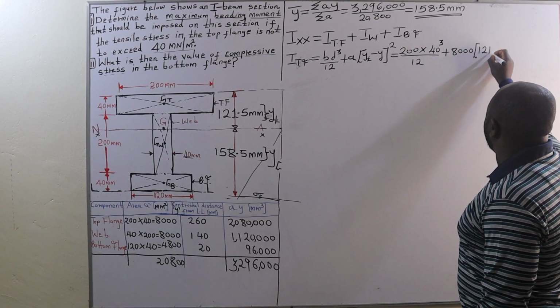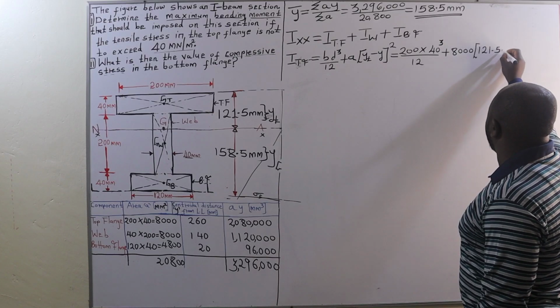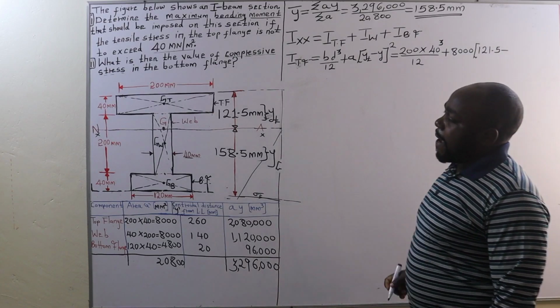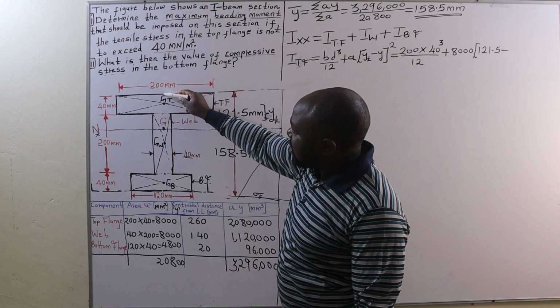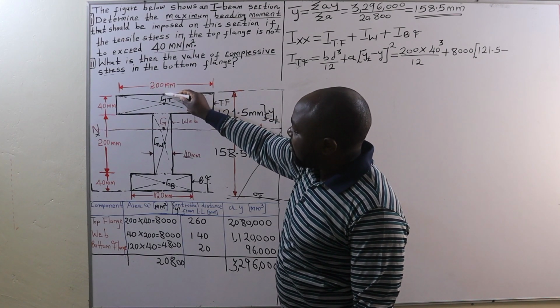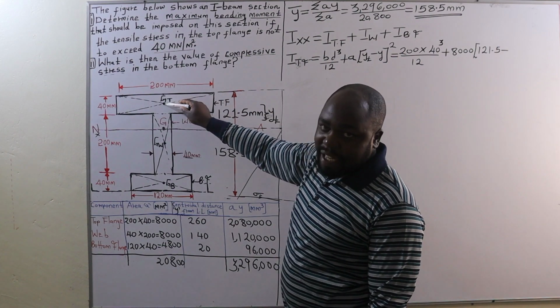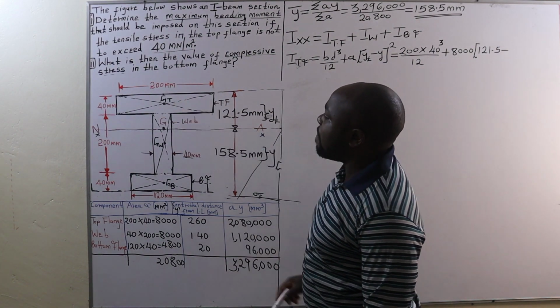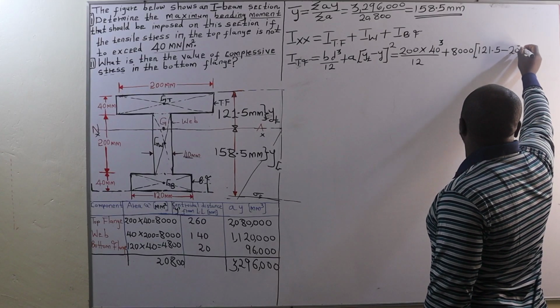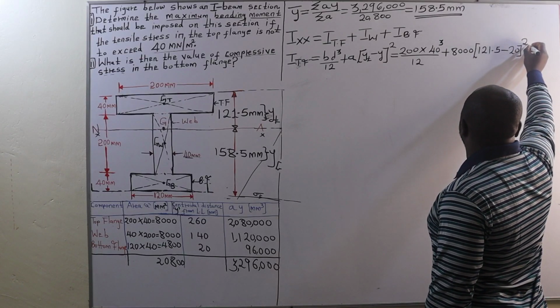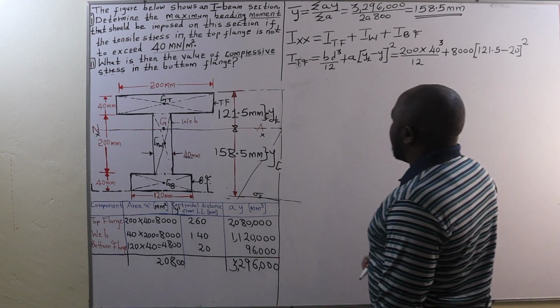Therefore, 121.5 minus 20, the distance from the top fiber up to the center of gravity of the top flange. So that is minus 20, and then we square it.